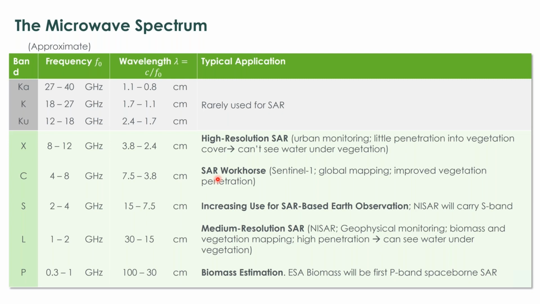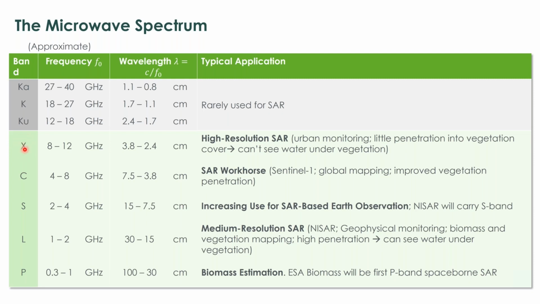Blue, red, green are all different parts of the visual range electromagnetic spectrum. In the microwave, we use a bit more complicated nomenclature for these different subbands. We use letters such as X, C, S, L, and P to distinguish different subbands of the microwave spectrum from each other.